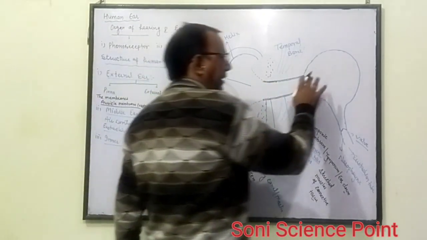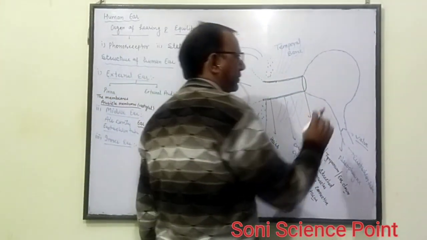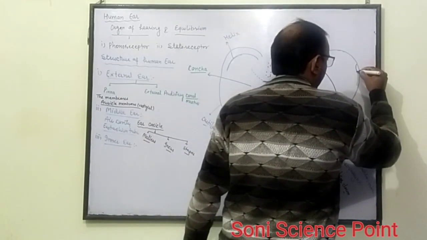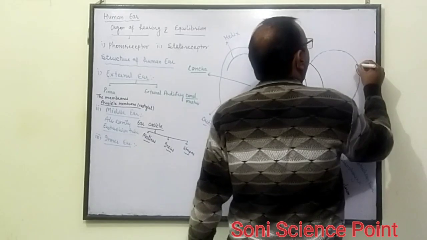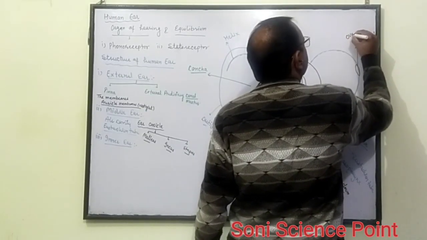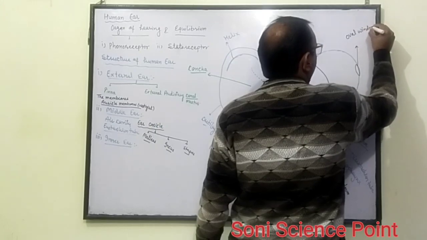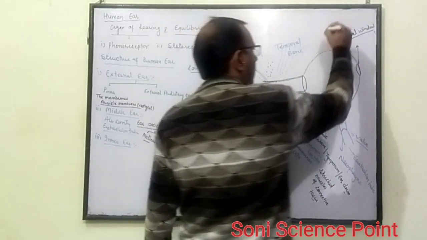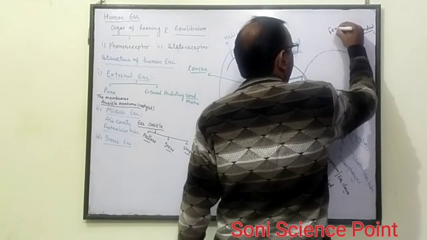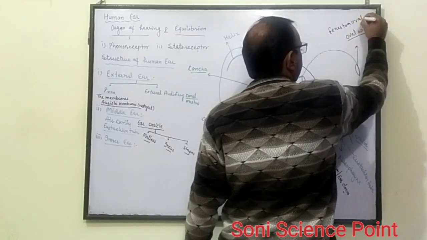This air cavity at the posterior end contains two windows. One is the oval window on the upper side, also known as fenestra ovalis.